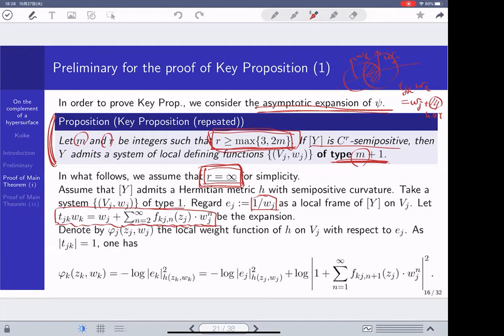We will write the coefficient functions as fkjn. Denote by phi j the local weight function of h on Vj with respect to ej, I mean this one.